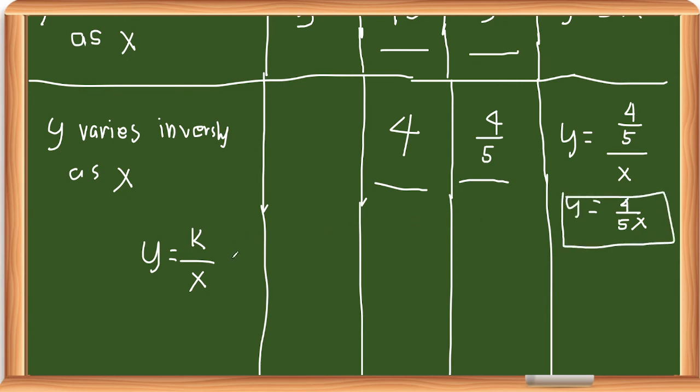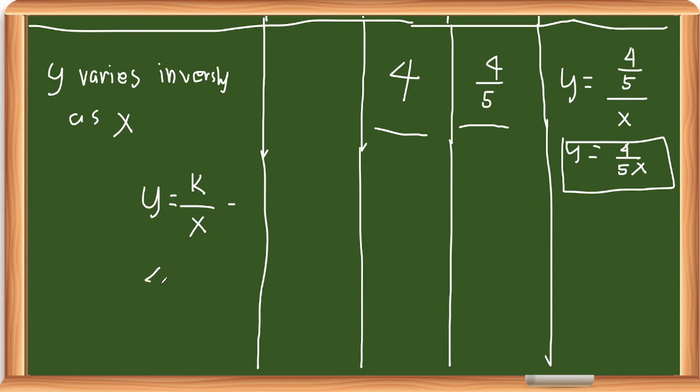No? So, simply substitute. Given yung y, which is 4, is equal to, yung k mo is 4 over 5 over x. Okay, so multiply mo yan dyan. We have 4x is equal to 4 over 5.